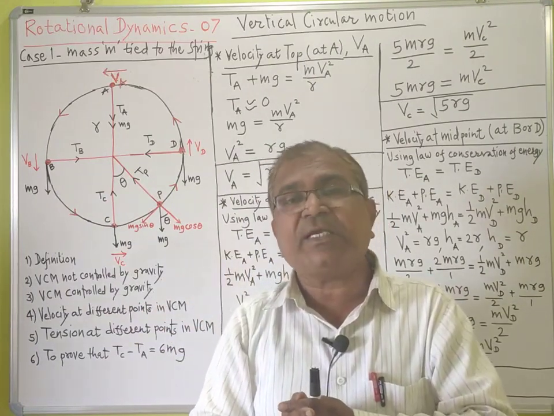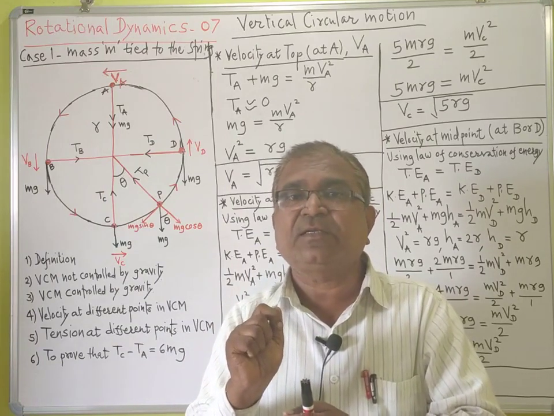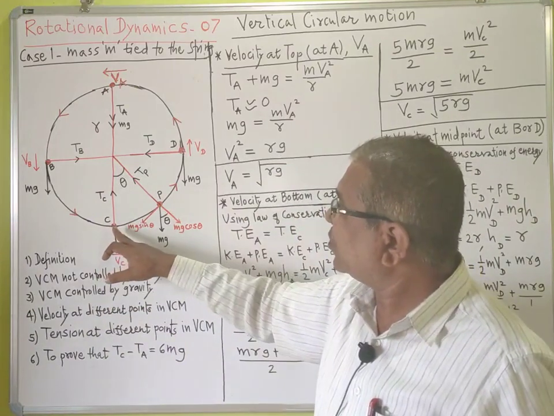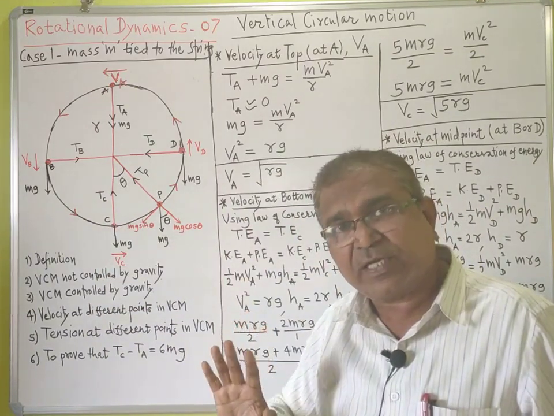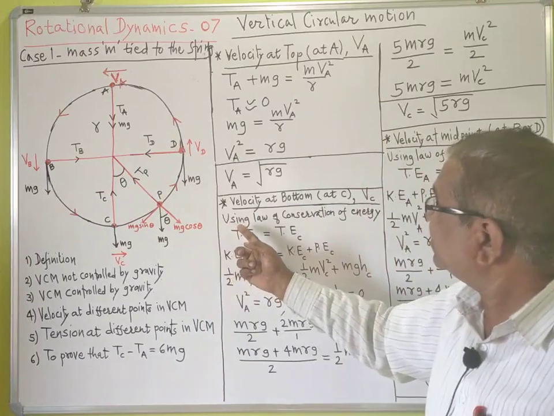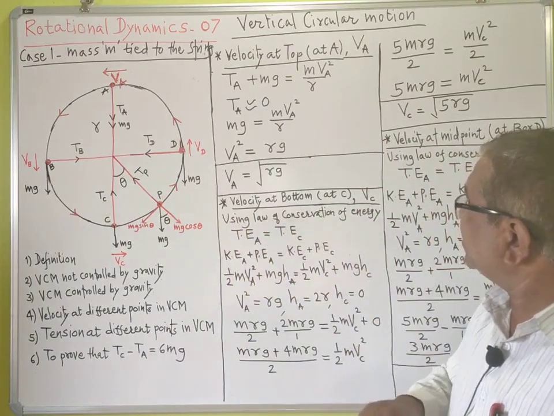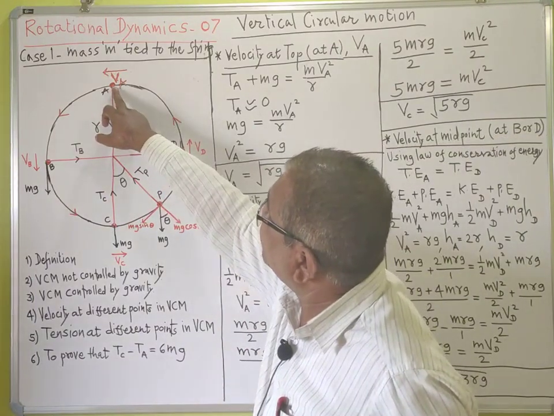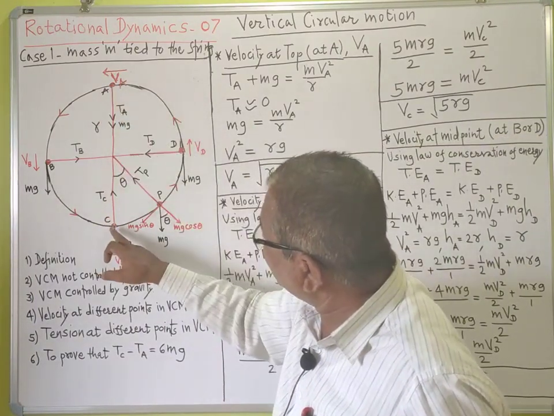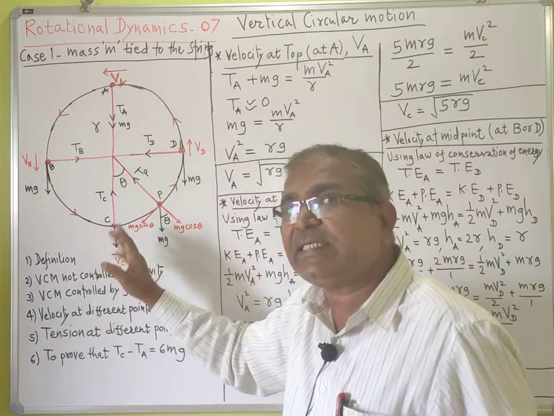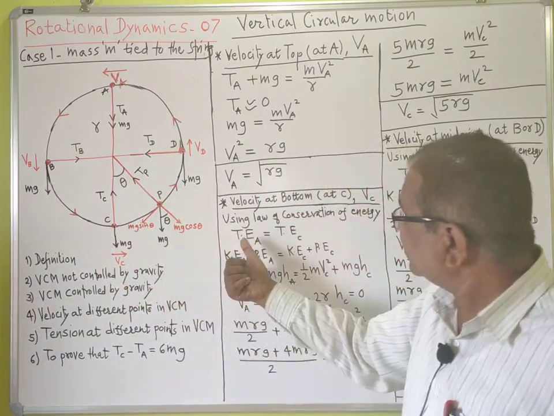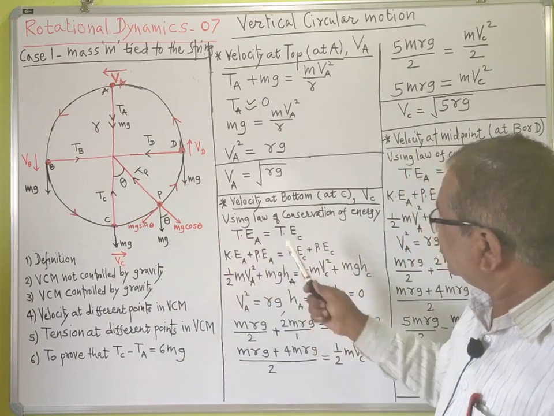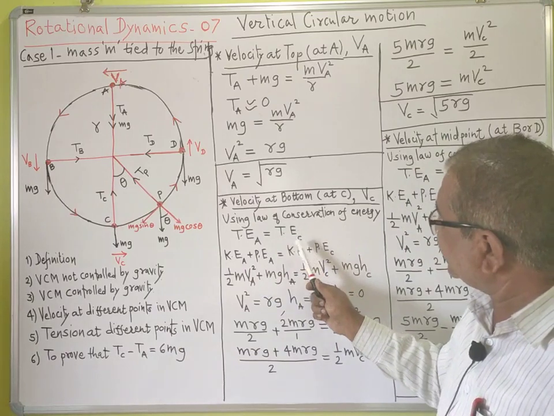And by making use of this principle, we have to calculate the velocity at point C. So I have written here, using the law of conservation of energy, total energy at A point is equal to total energy at C point.